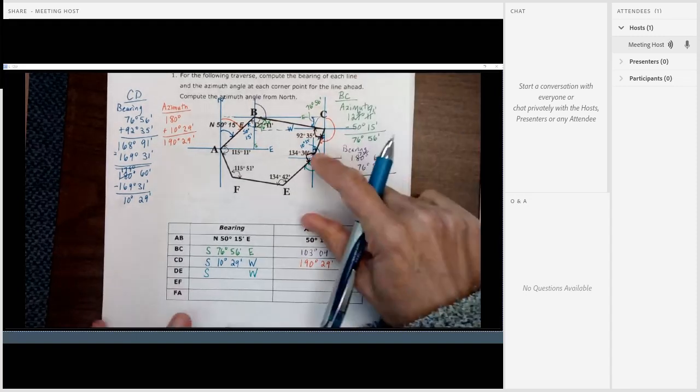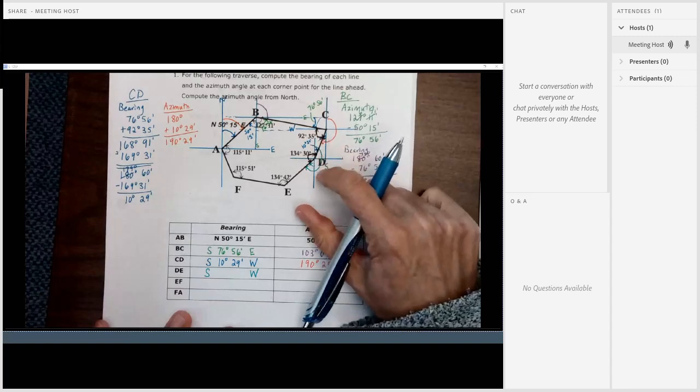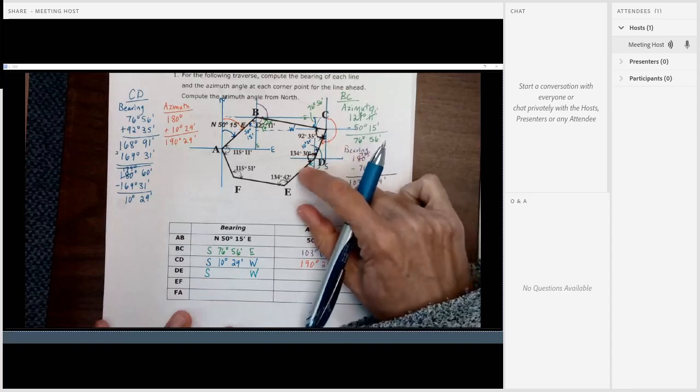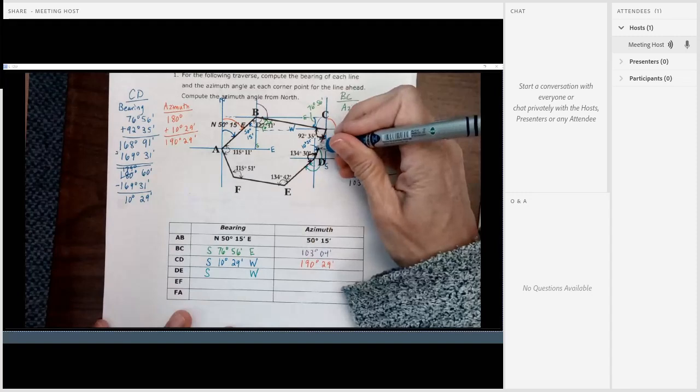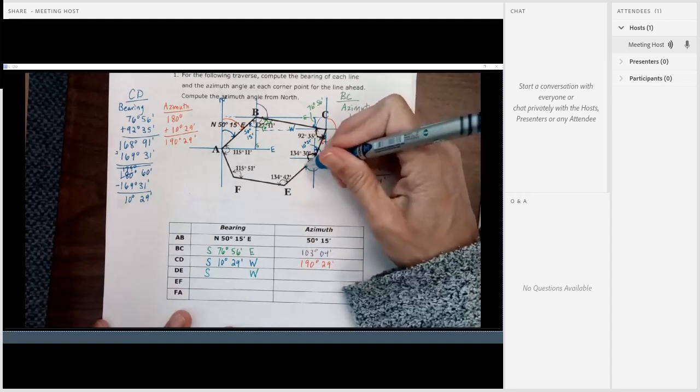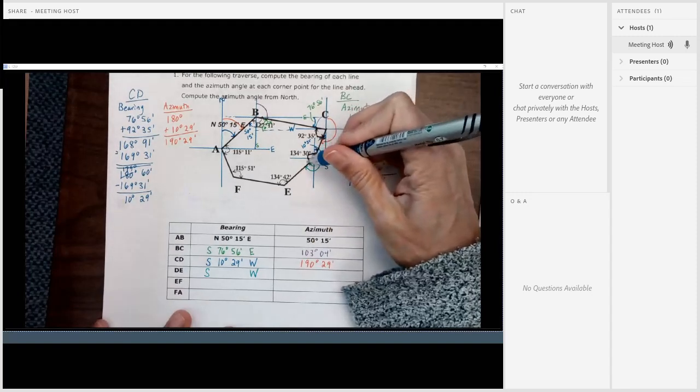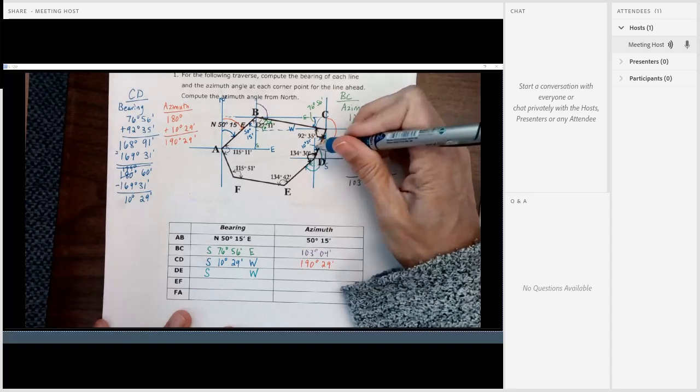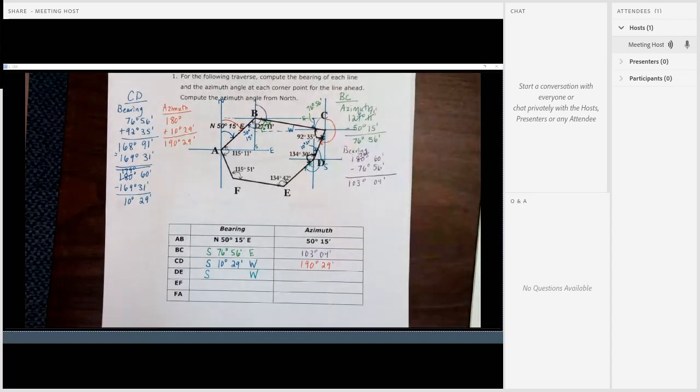I can see that this whole line here, this azimuth then, is going to be basically that whole 360 degrees except for the 134 degrees 30 and that 10 degrees 29. So that's one way to approach that.